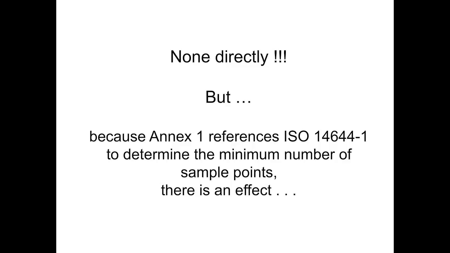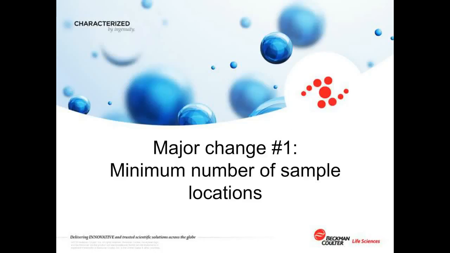But ISO 14644-1 is referenced in the annex as a document that sets forward the number of positions and other aspects of verifying that a room, which in that document would be called then grade A or grade B, grade C, grade D, not ISO, but a grade designation, would still be classified and be monitored in an appropriate way. So it ties these two documents together in that way.